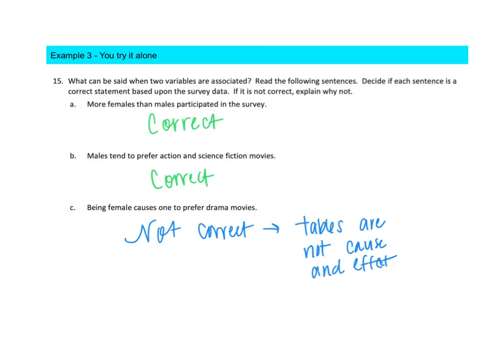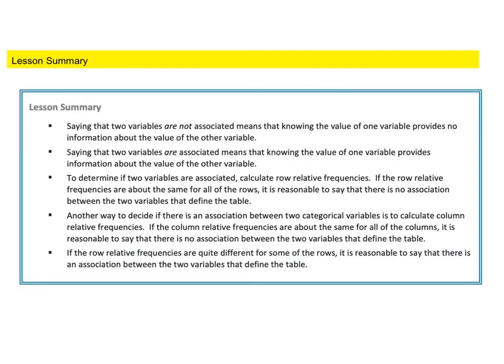Okay? Let's go ahead and close this lesson out. All right, just to summarize, saying that two variables are not associated means that knowing information about one of those variables doesn't give you any information about the other. Okay, if they are associated, that means that if you do know something about one variable, you might know more about the other variable, right? In the case of the movie preferences, if you knew that someone's a female, that made you know more about what their movie preference might be.